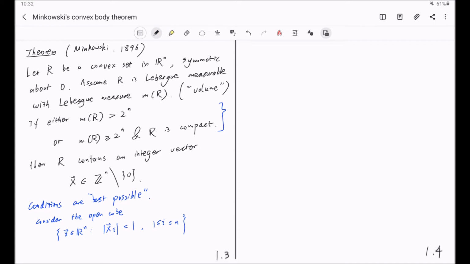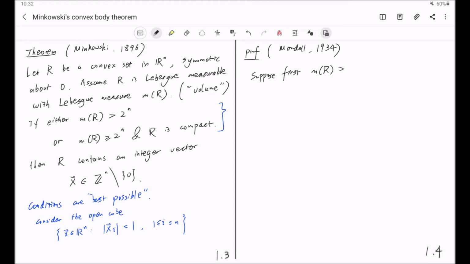Now let's give a proof. This proof is due to Waddell, the year is 1934. So let's first assume that the measure of R is strictly greater than 2 raised to the power n.